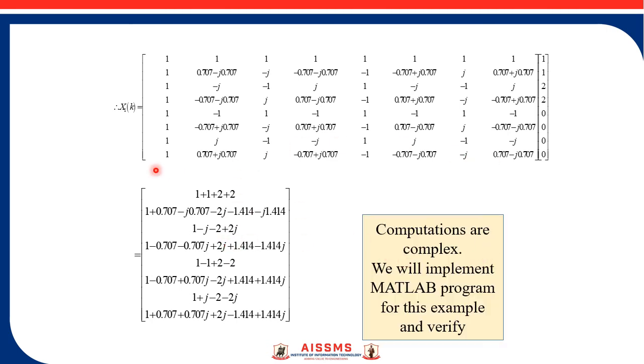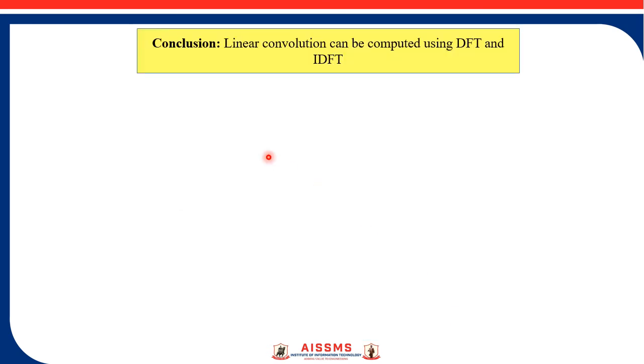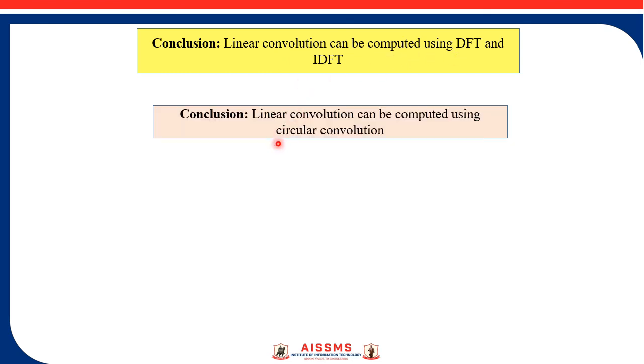In similar fashion, we have to compute x2(k), then multiply x1(k) and x2(k), and again take the inverse of that to get the linear convolution output. But we see that the computations are very complex, so we will implement a MATLAB program for this example and verify that the output is same as the linear convolution output. So the conclusion is linear convolution can be computed using DFT and IDFT.